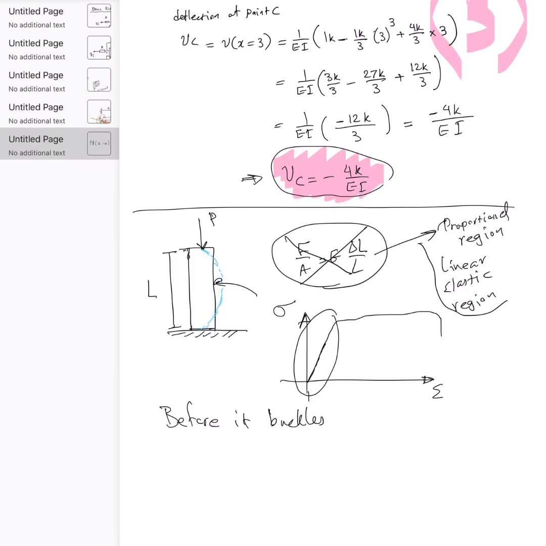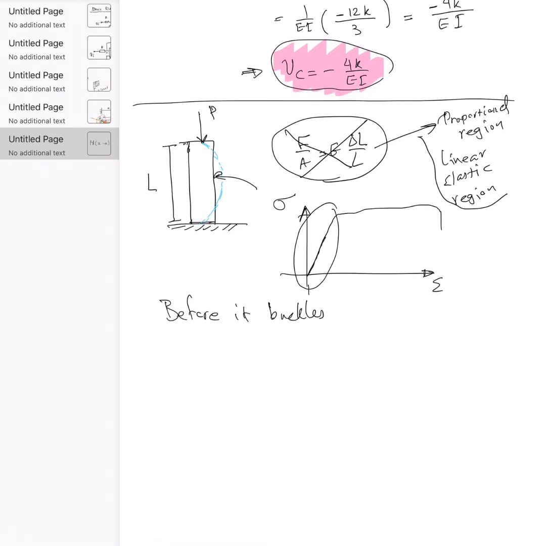So now the question is, what is the P that causes buckling? Now, in order to answer this question, you have to do some sort of what they call eigenvalue analysis. And the level of this analysis, if you want to do it correctly, is above the limit of undergraduate mechanics of materials.